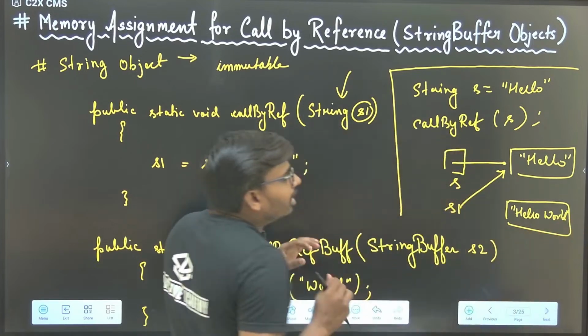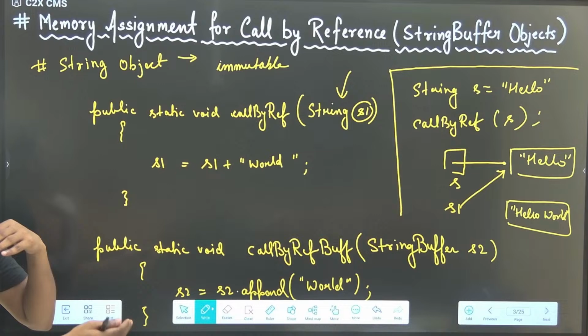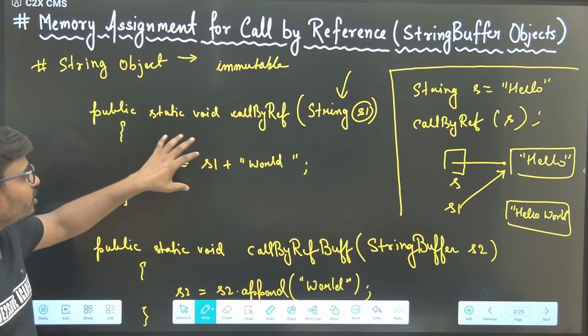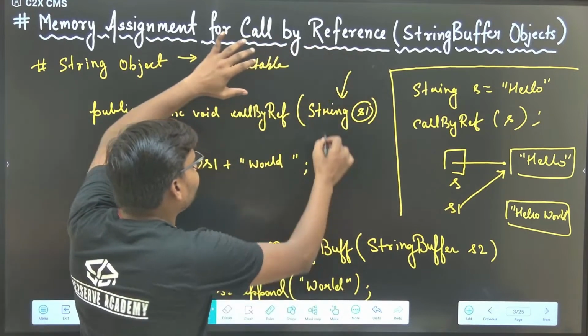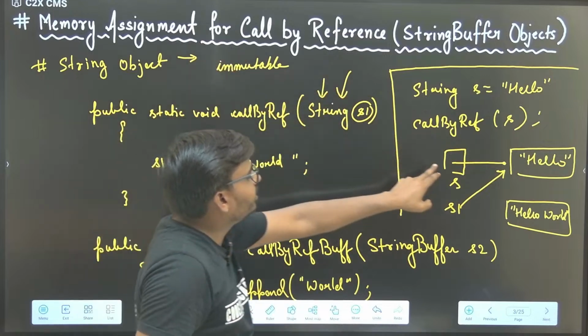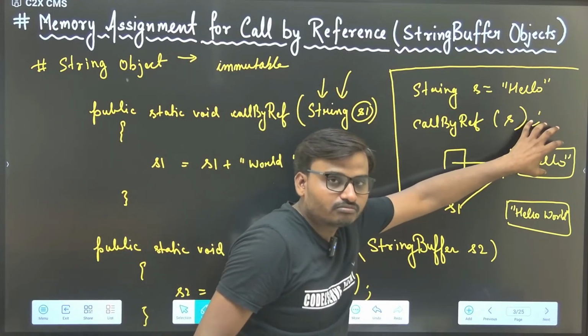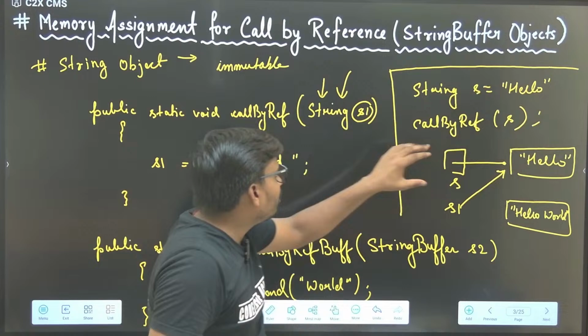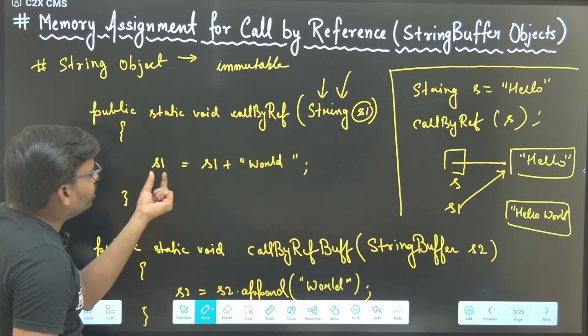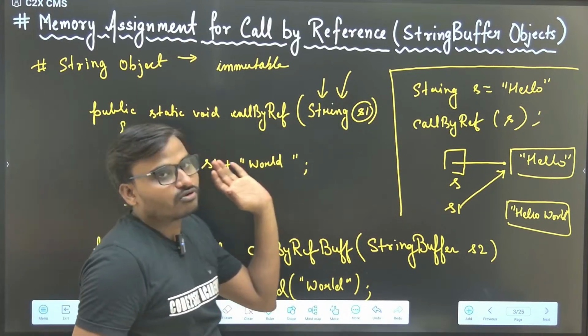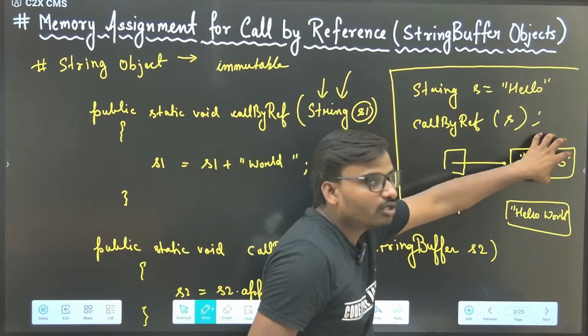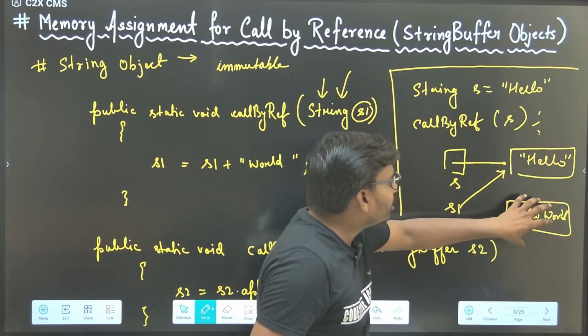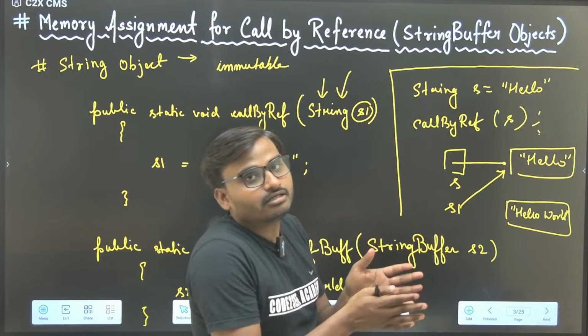All right. Now what happens inside the memory? Actually S1 till here it was pointing to this memory location. Now you told like S1 is equals to S1 plus world. So S1 was hello. Now you are telling to append world at the end.